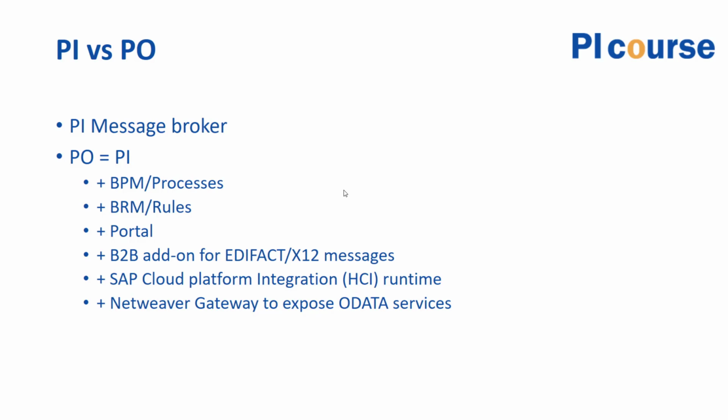But if you have PO, it doesn't mean that you would not be able to use the course. The PO obviously consists of the PI, so you still have the same messaging capabilities as the PI system has. Then it has a lot more functionalities.